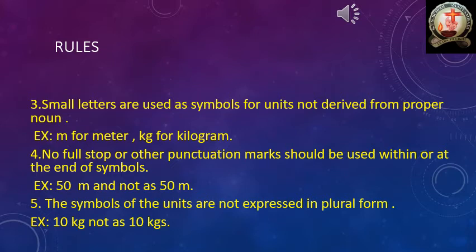Here small letters are used as symbols, but in the second point we used capital letters. Why? There the unit is a scientist name, so the symbol is capital: Newton capital N, Henry capital H.